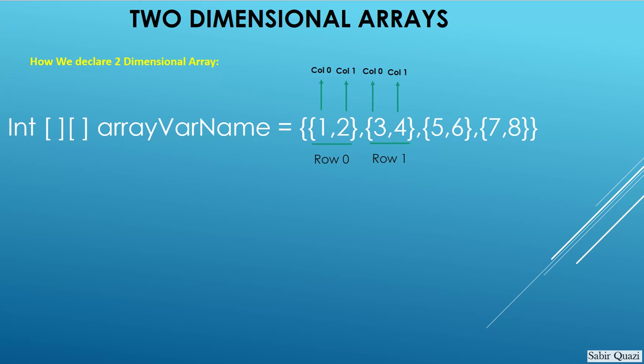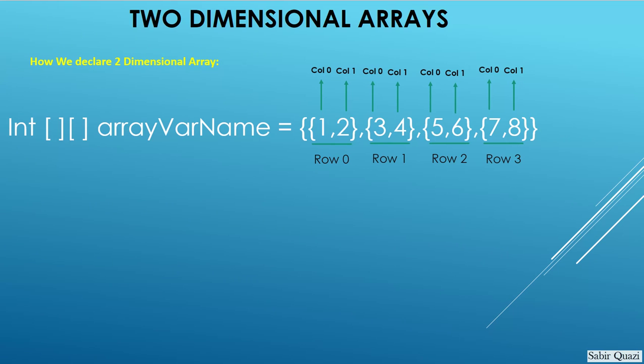So here too the columns inside an array start with 0. Row 0 has column 0 and column 1. Row 1 has column 0 and column 1. Similarly row number 2 and row number 3 each have column number 0 and column number 1.